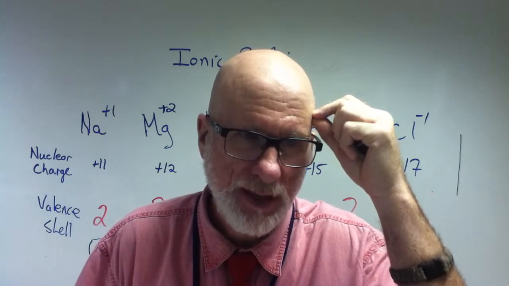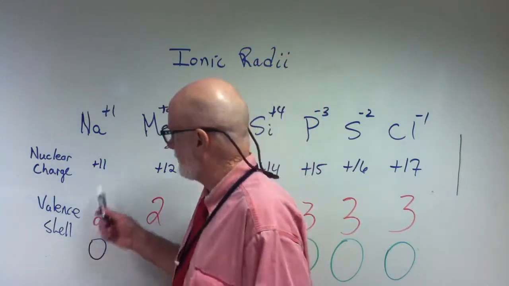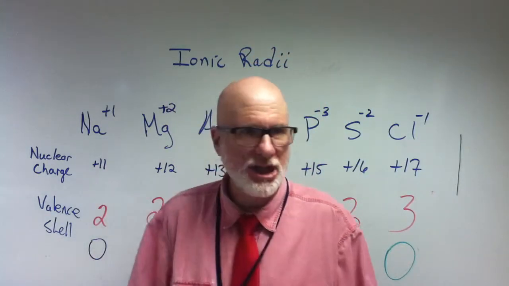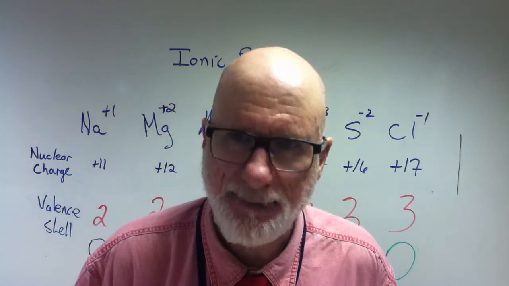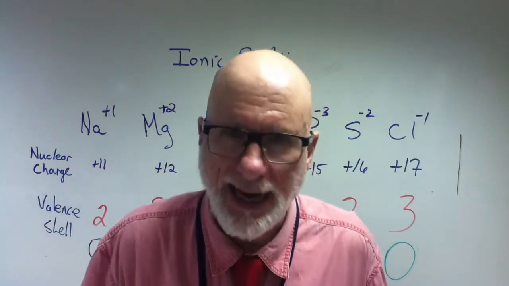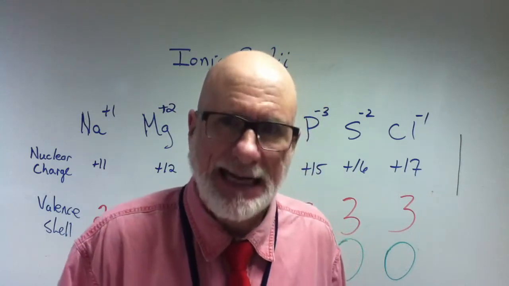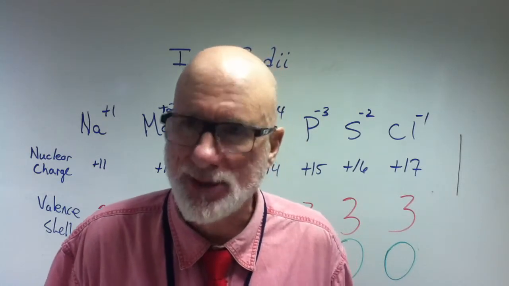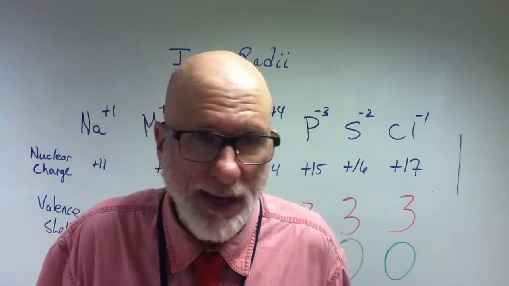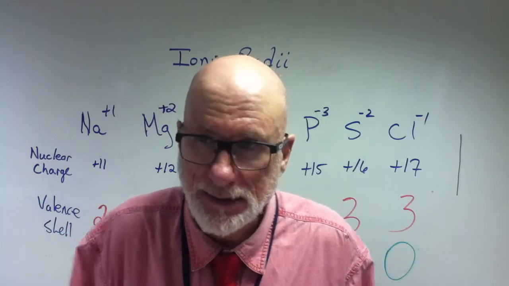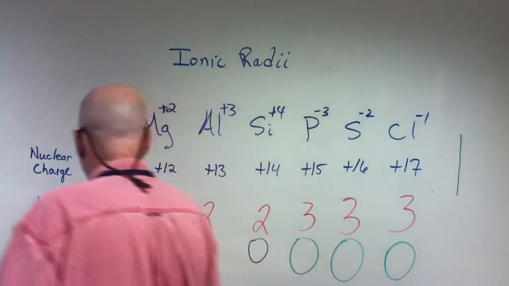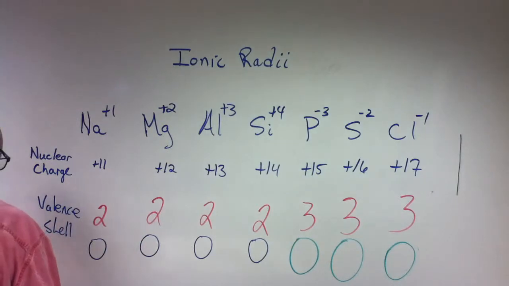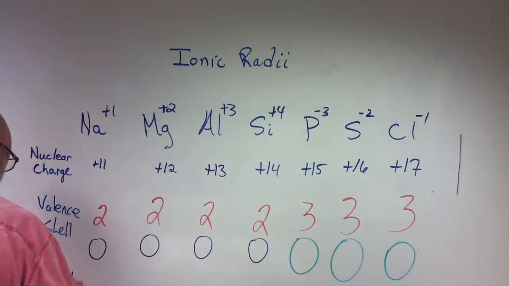Isn't the point of this bonding thing to be just like the nearest noble gas? If I'm going to give up one electron and it's going to be like neon, how many valence electrons is it going to have? It's going to have 8, right? So aren't they all going to have the same number of valence electrons?